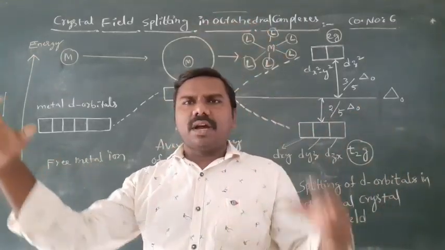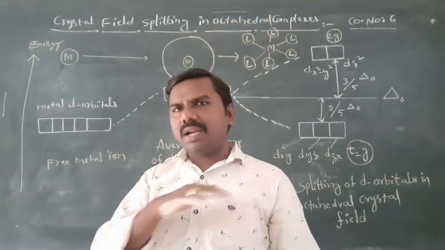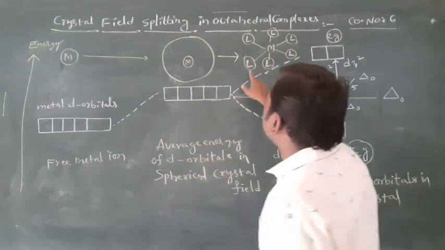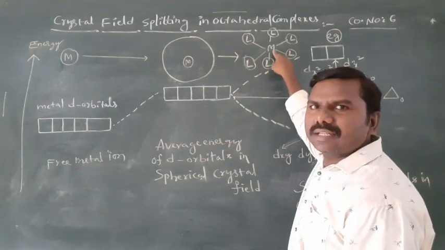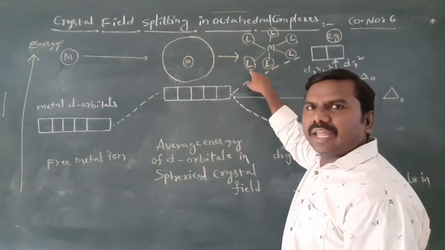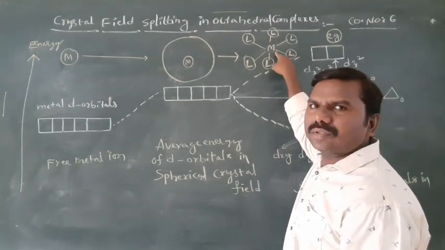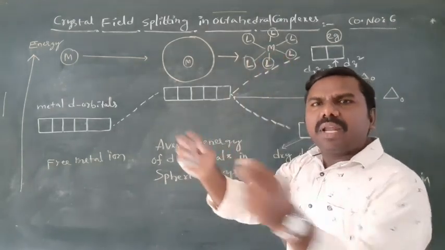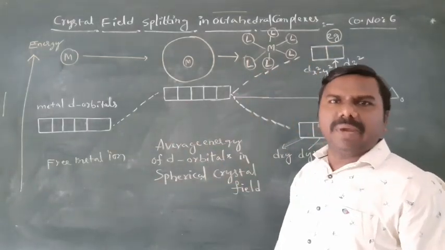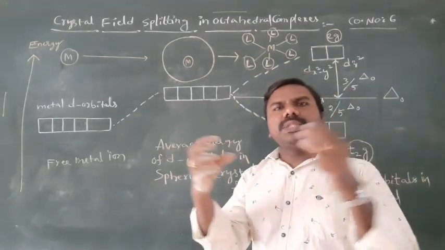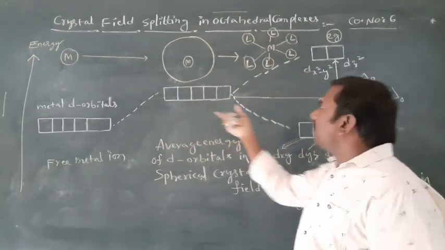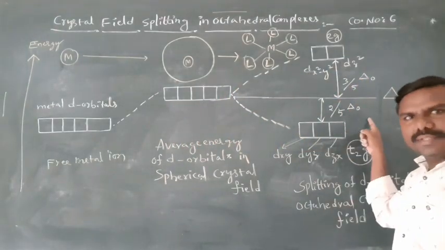The 6 ligands approach in the x direction, y direction, and z direction. There is repulsion between the ligand electrons and the central metal atom electrons. Due to that repulsion, the degenerate orbitals split into two levels.